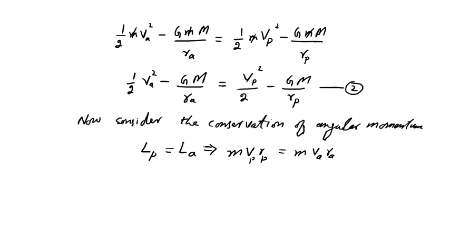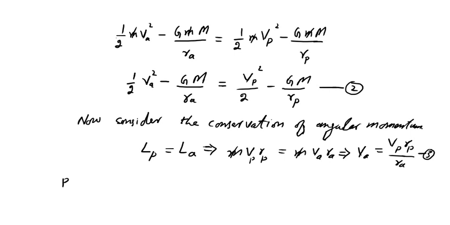The m will be cancelled out, so we can calculate Va from this equation, that will be equal to Vp Rp divided by Ra. Let's call this equation number 3.